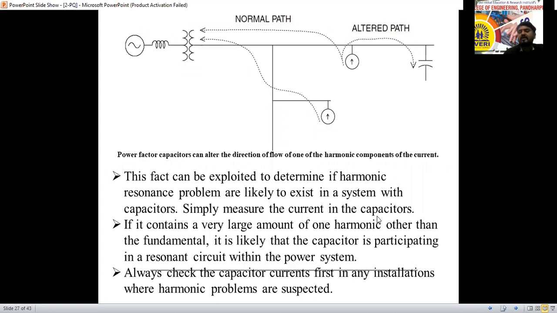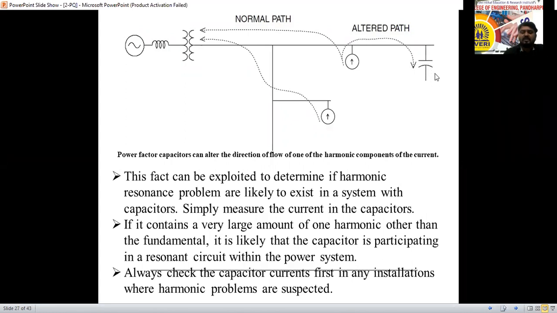Simply measure the current in the capacitors. If it contains a very large amount of current, then we can say the capacitor is drawing some harmonic current. So to locate the harmonics, we can measure the current flowing across the capacitor.